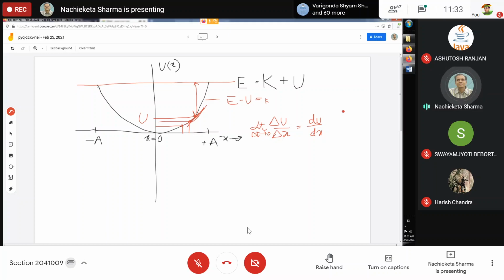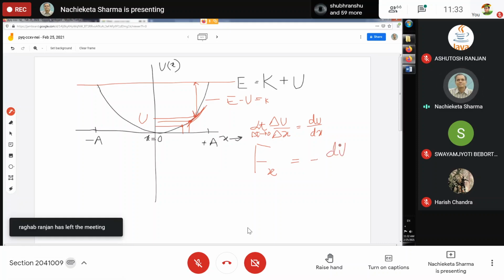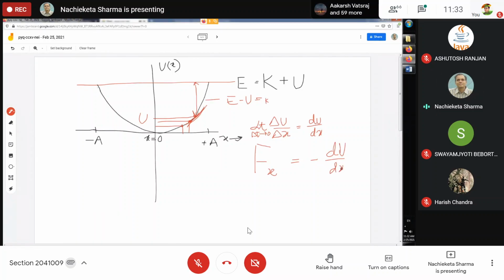Then you will find the force, because we have already discussed that Fx is equal to minus dU by dx, isn't it? Force is equal to minus dU by dx. So your energy diagram will also give you the force. How will you get the force? Take the potential energy function, differentiate with respect to x, and add a negative sign. So you will find out the force.